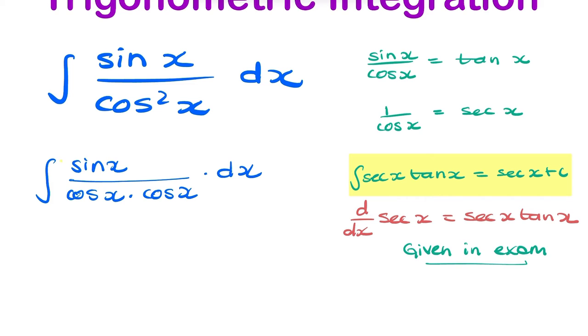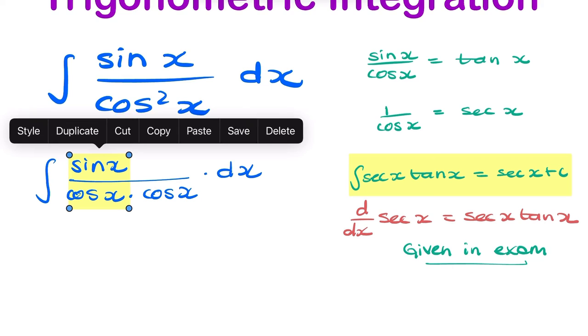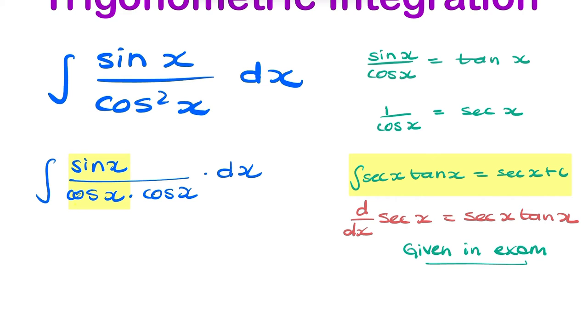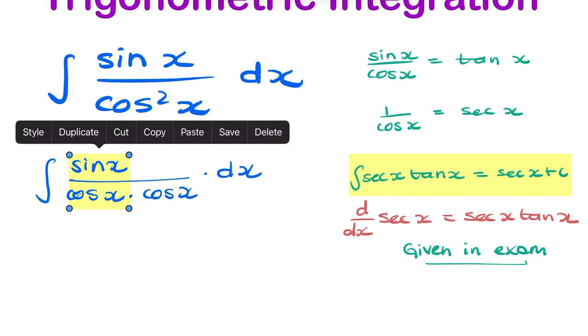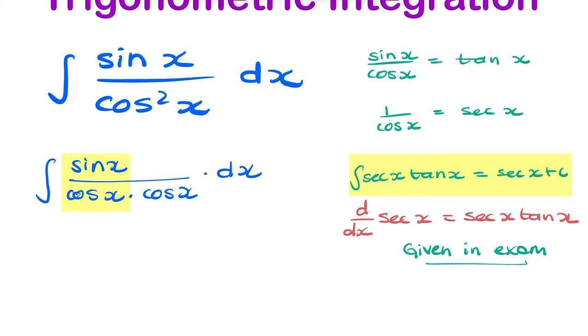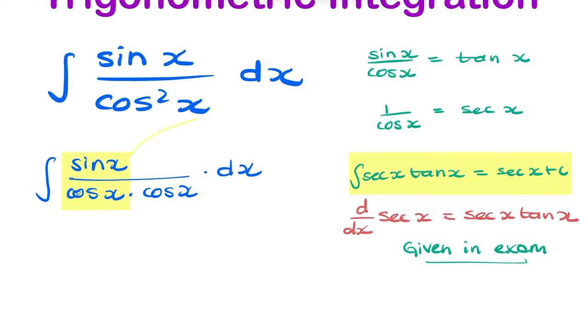Now, sine x over cosine x, that's simply tan x, isn't it? So sine over cosine, that is tan x. And then you have a 1 here. So 1 over cosine, that is secant.